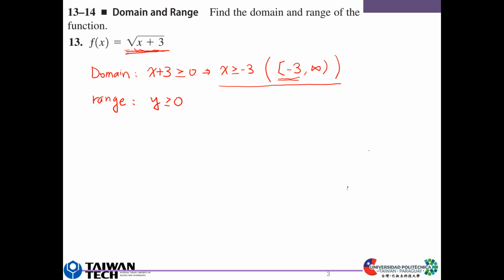So this is f(x), and we can write in brackets [0, infinity). Okay, so this is the range of this function. This is also quite basic.